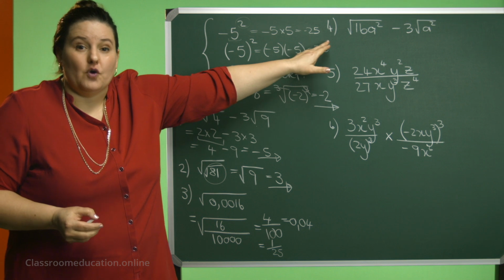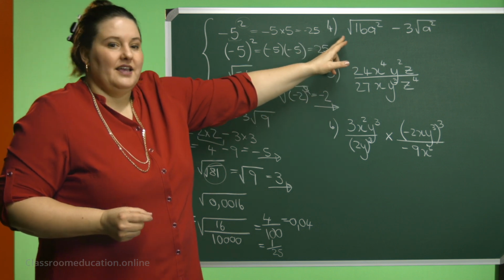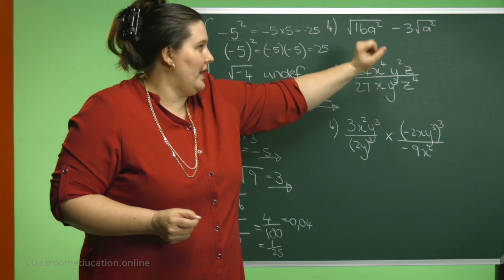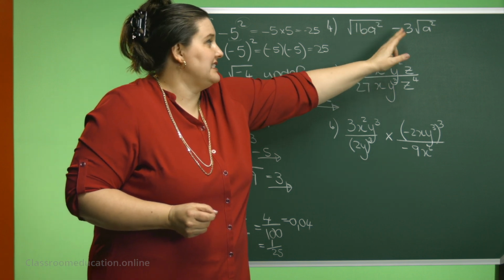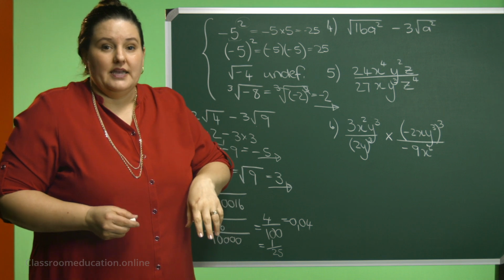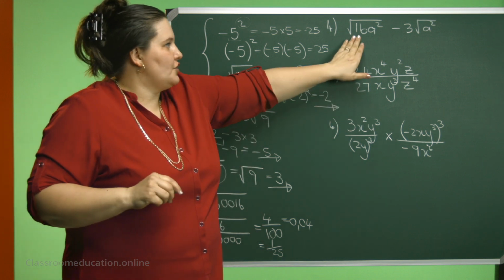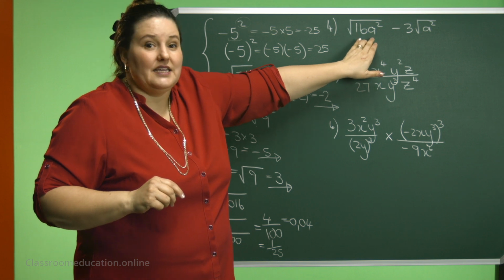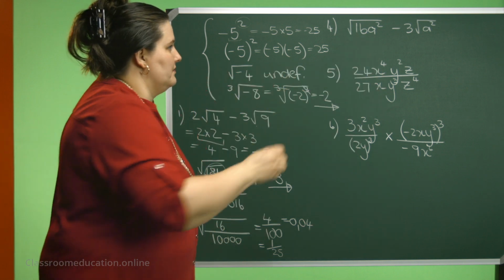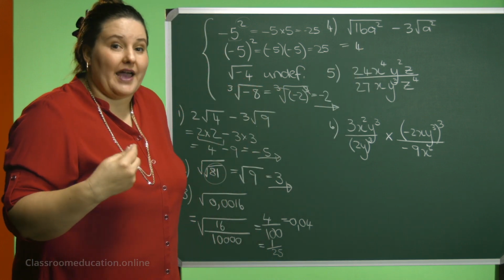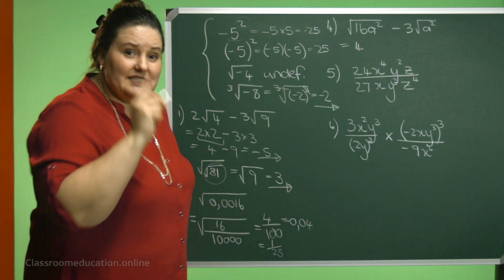Question number 4. Let's have a look. The square root of 16a squared minus 3 times square root of a squared. It's 2 terms, and we can deal with them separately. Square root of 16, yes, it is 4. Can you work out the square root of a squared? Yes, it's a.